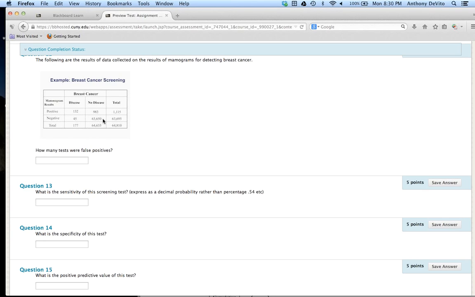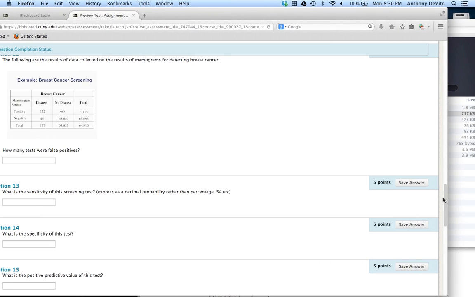Well, 63,650 out of 63,695 people who tested negative had the correct diagnosis. They don't have the disease, and they got the correct diagnosis. The negative predictive value is no disease and test negative over the total number of people that test negative, right? Which is really high, like Gerald said, 99.9% or something like that. Okay, that's probably the value. I think the last couple of things that I asked you were short essay questions.